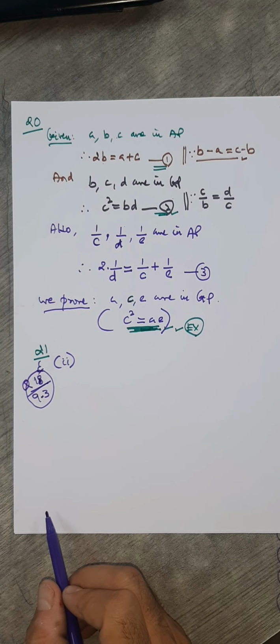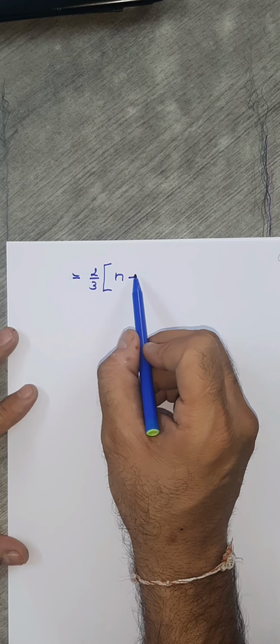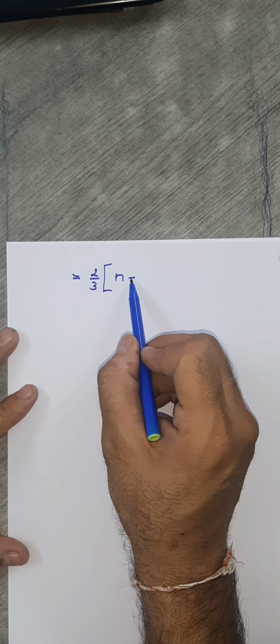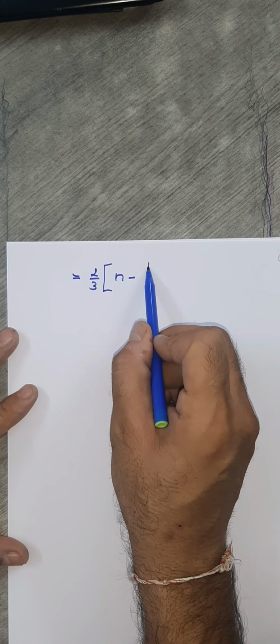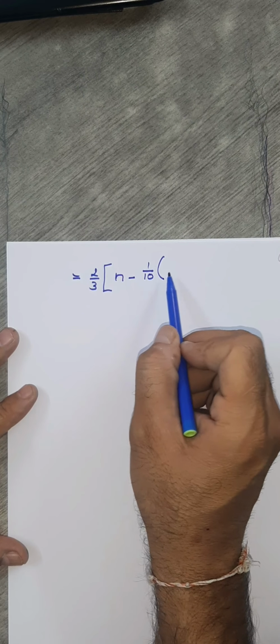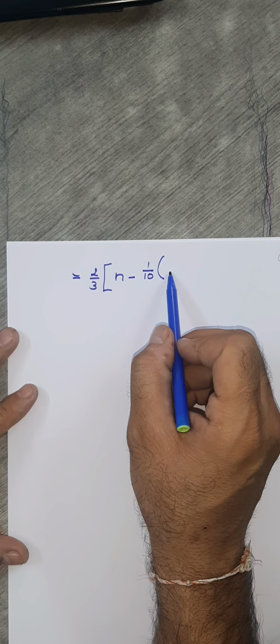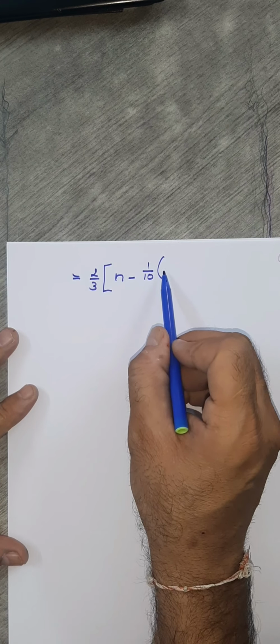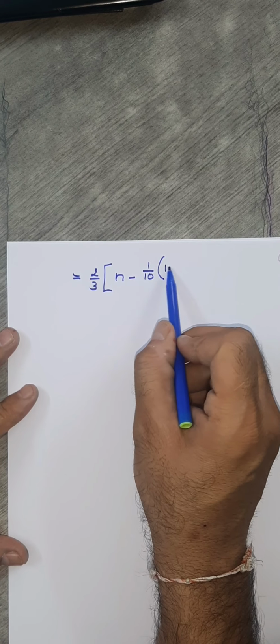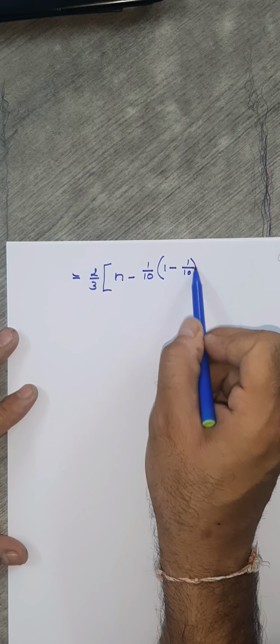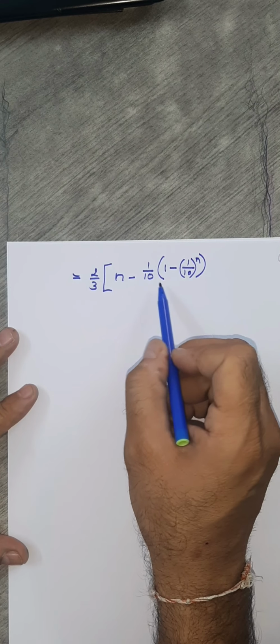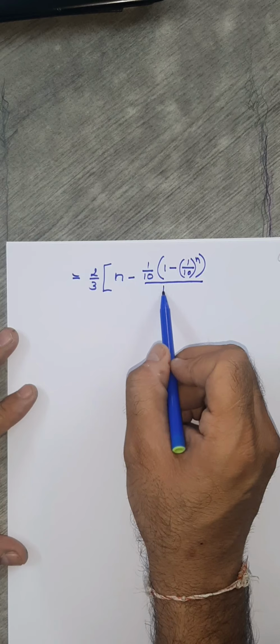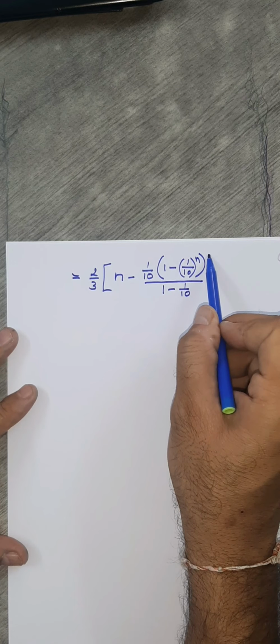So here, if I rewrite, this is equals to 2 by 3 outside as it is, small n as it is, 1 1 1 n times. Now you are adding n terms of a geometric progression. What is A? 1 by 10. A into 1 minus r raised to n, where r is 1 by 10, upon 1 minus 1 by 10.